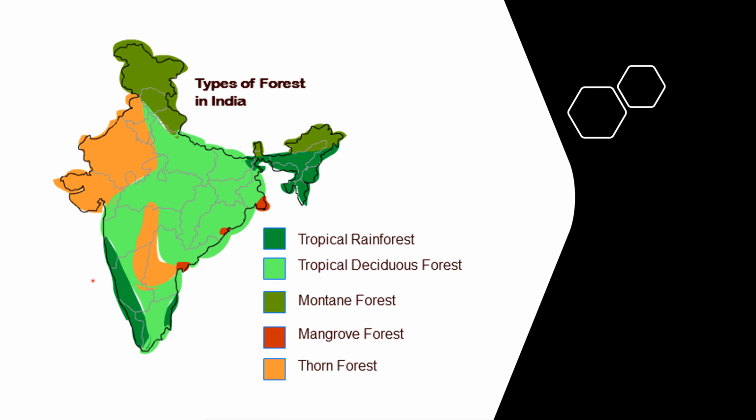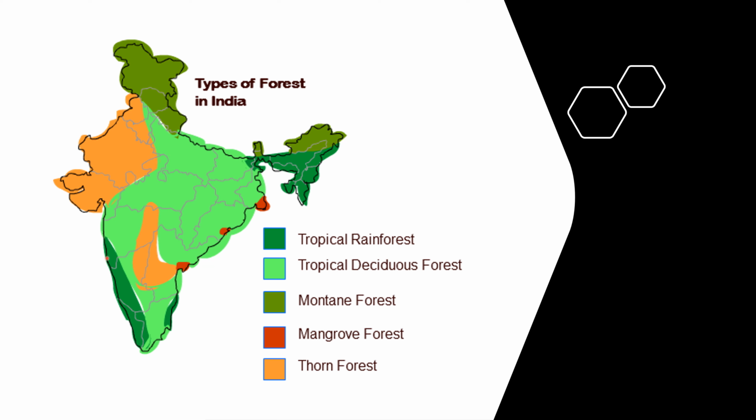Now, when we look at the map of our country, we find that the tropical deciduous forests are found to be dominating most of the area because India normally receives rainfall for about 3 to 4 months from the monsoons.